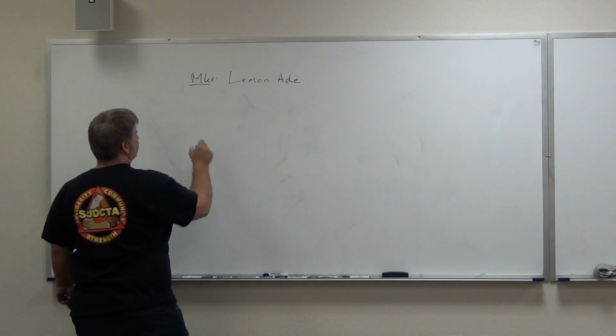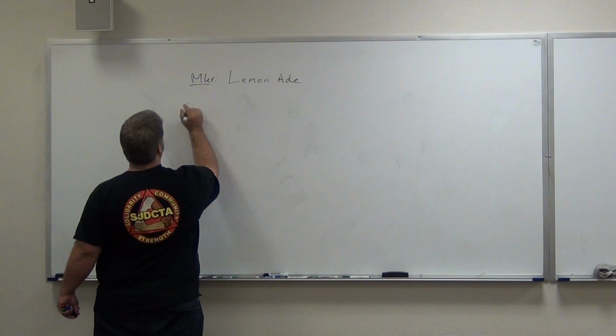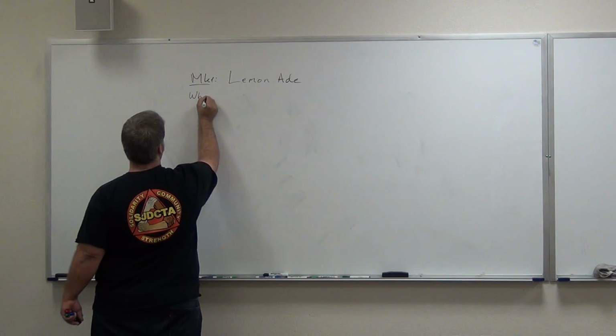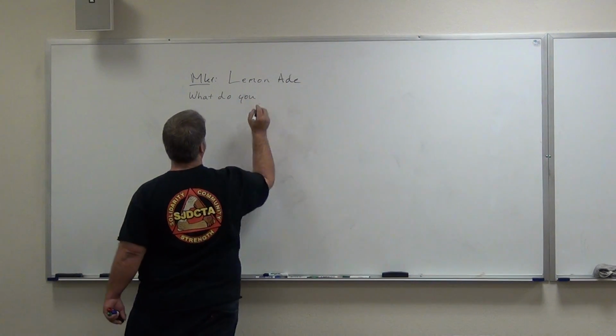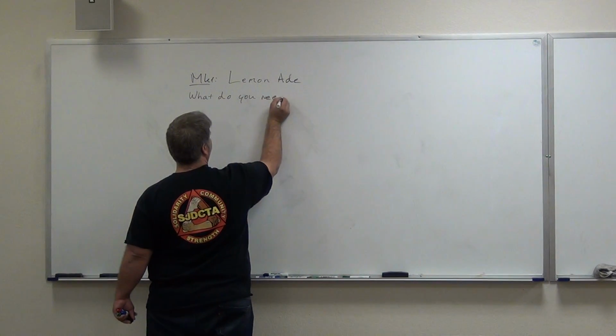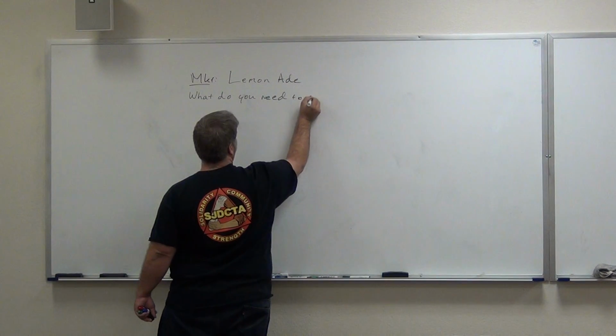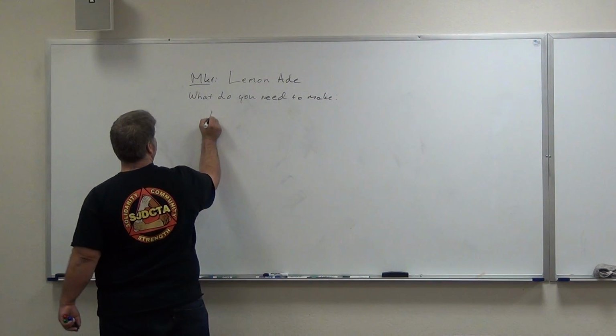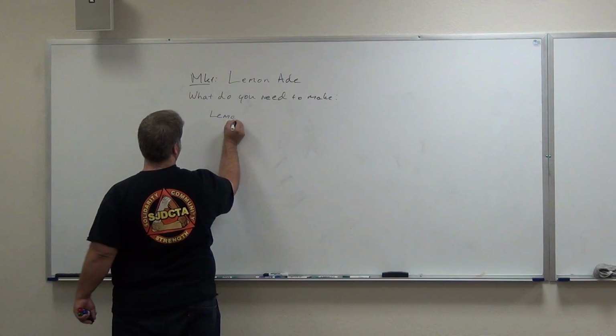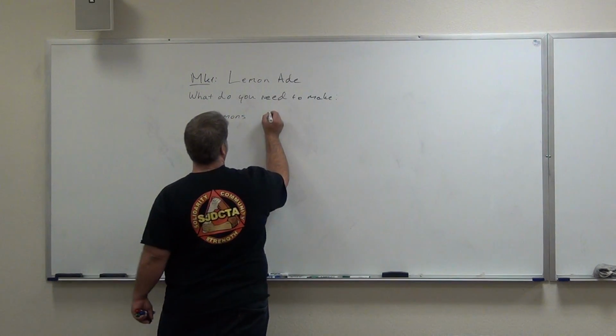So first, I always like to start with the perspective of, what do you need to make lemonade? Or what's going to cost you things? What do you have to buy? And this is going to be a breakdown of all of our factors of production. So simplistically, we need lemons. We're going to need sugar.